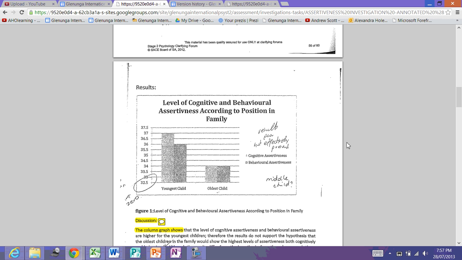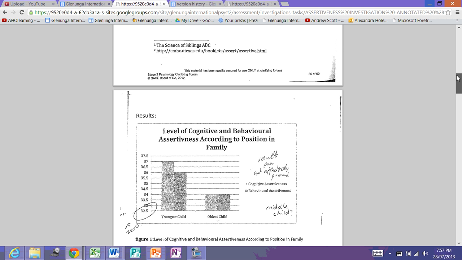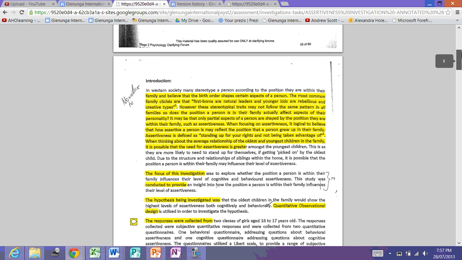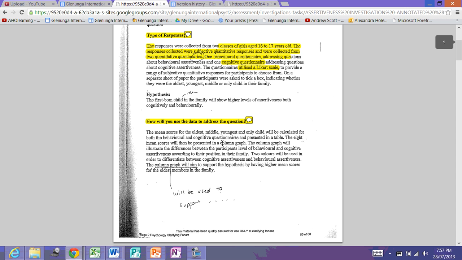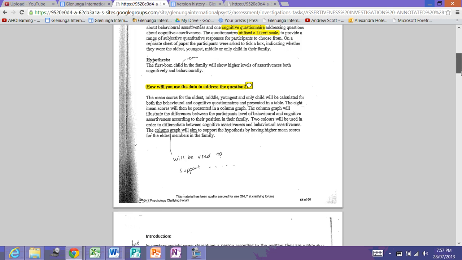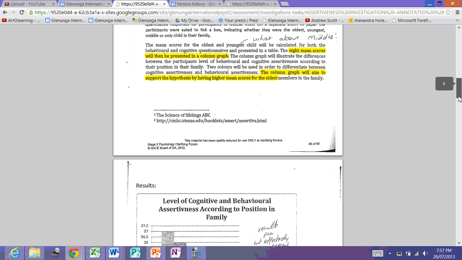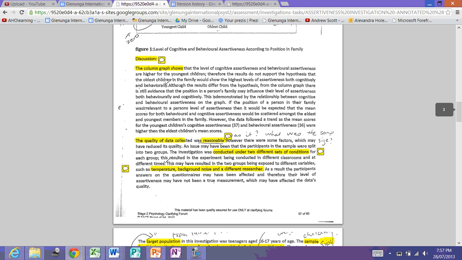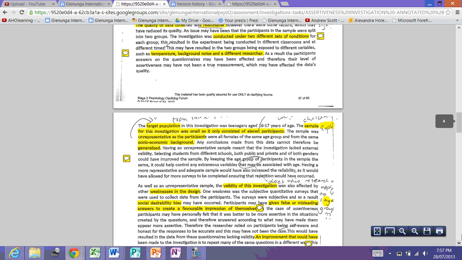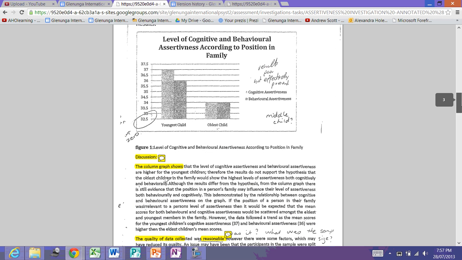But in the proposal they said that they will have what? The youngest, the middle, the oldest. Okay, and they don't. They should have had them according to the proposal, and now they changed, and they didn't go back to change it. If they had gone back to change it, it would be better. That's why I say middle child. Where's the middle child? Where's the only child? Otherwise it would be correct.